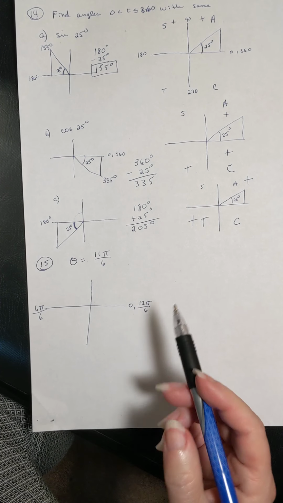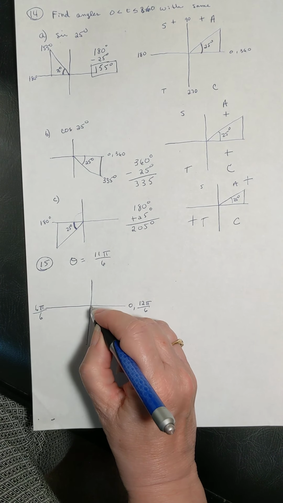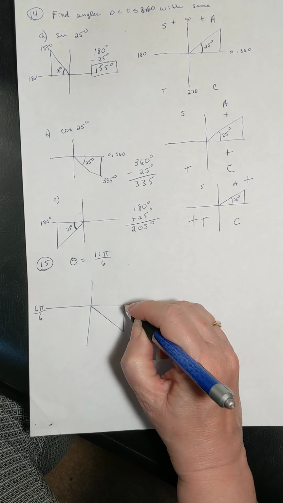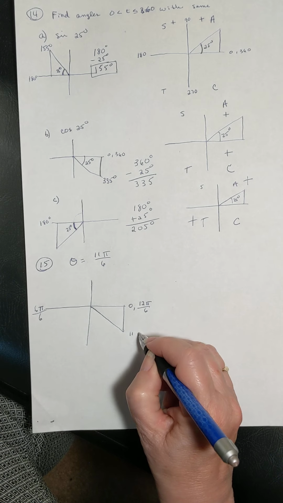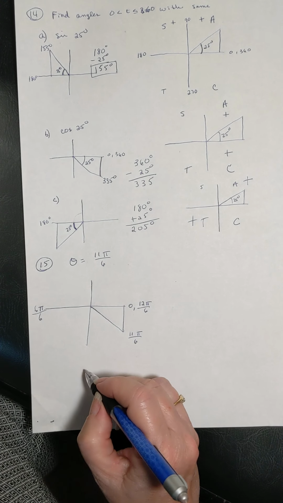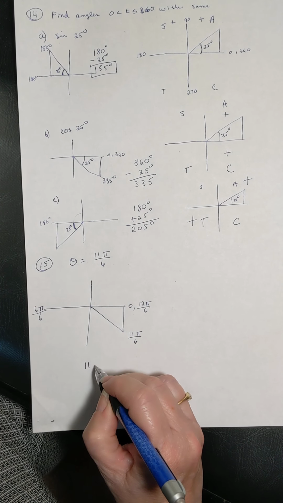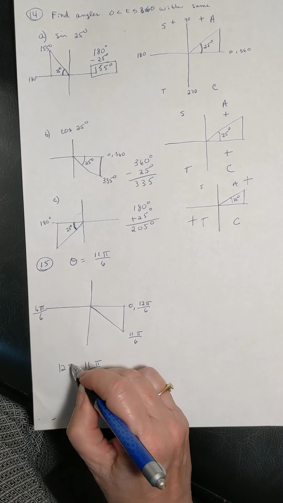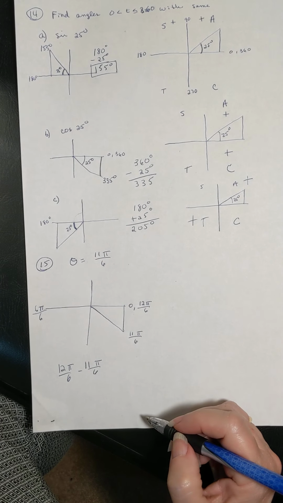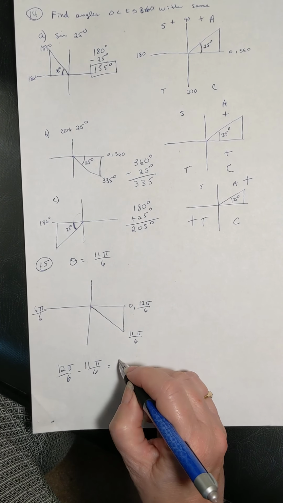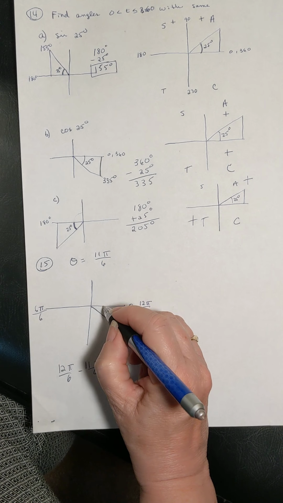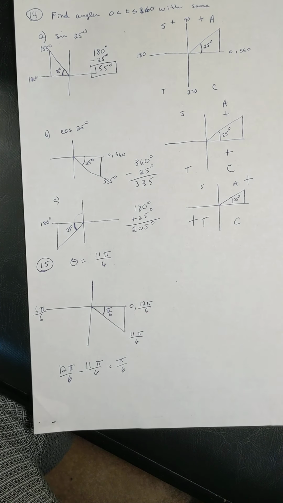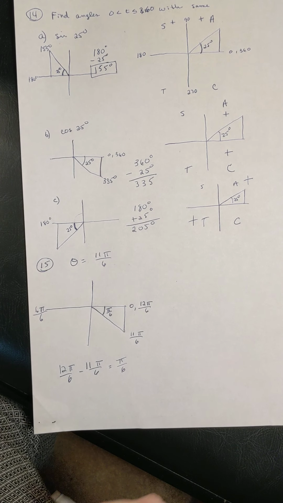Well, it's closer to 12, and so my angle will be in the fourth quadrant. So here is 11 pi over 6, and then I'll just subtract the bigger minus the smaller. So 12 pi over 6 minus 11 pi over 6 gives me pi over 6. So here is my reference angle, pi over 6, which is the same as 30 degrees.